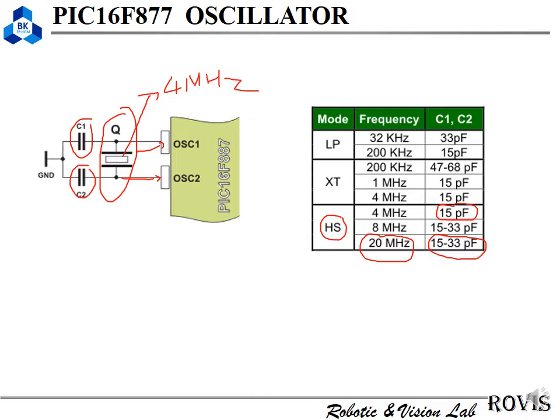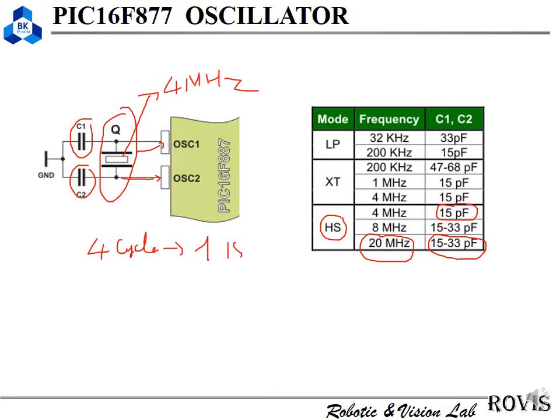The very important thing, which I already explained in the previous lecture notes, is the speed of the microcontroller. In our PIC microcontroller, every four clock cycles the PIC will do one instruction.